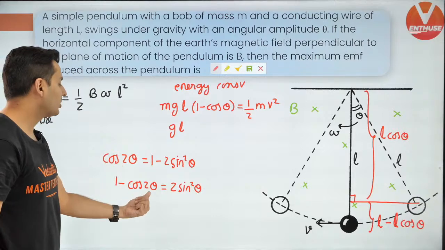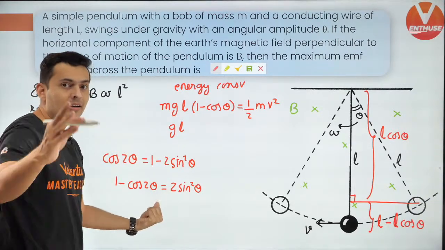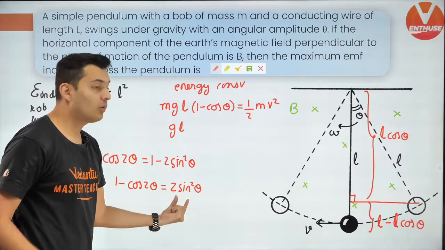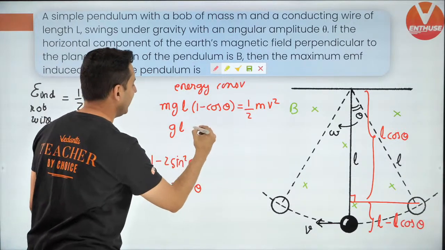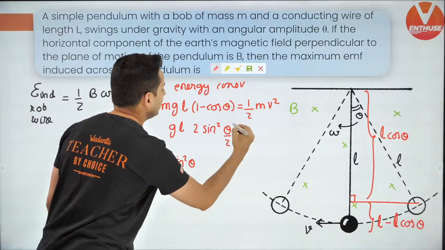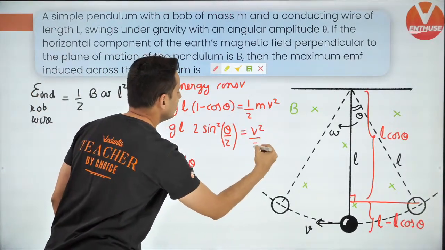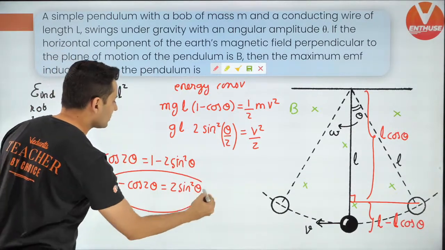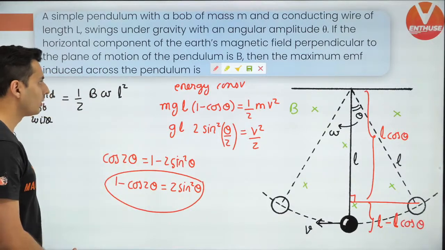If instead of 2 theta it was theta, then on the right hand side what will you get, guys? 2 sine square theta by 2. So you will have 2 into sine square of theta by 2. And this is going to be equal to v square by 2, because m has anyways got cancelled out. So I have used this substitution over here. Very important point to be noted.